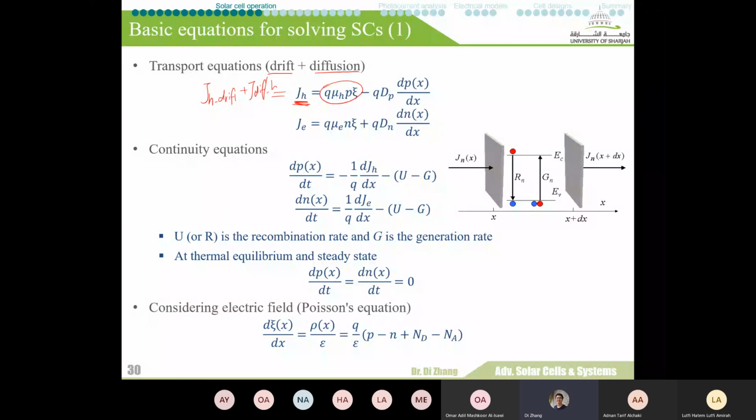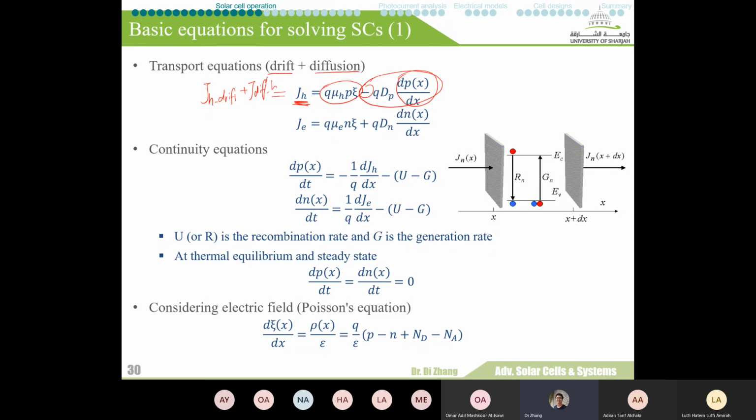The first term is the hole drift current, and the second term is the hole diffusion current. Remember that we have this negative sign in the hole diffusion current, because holes go from high concentration to low concentration. Because of the gradient, if you want to match the direction of the hole current, you have to add this negative sign here.